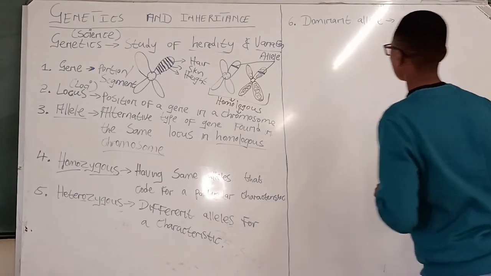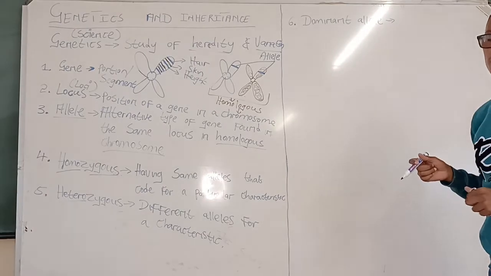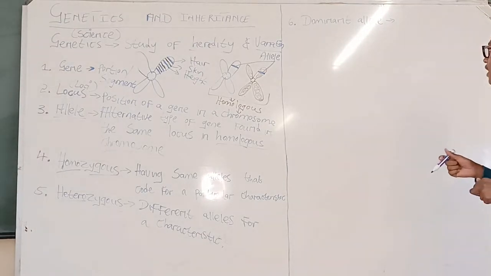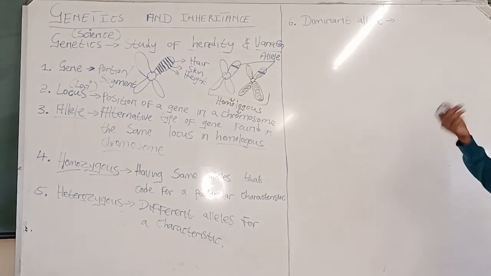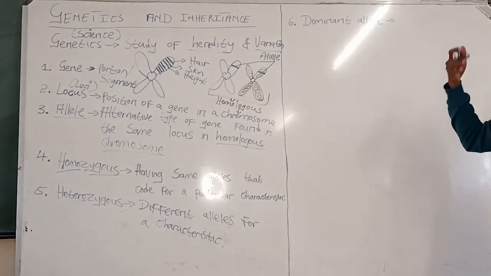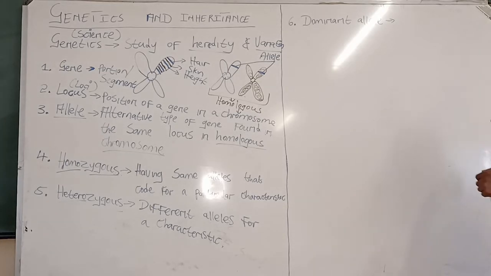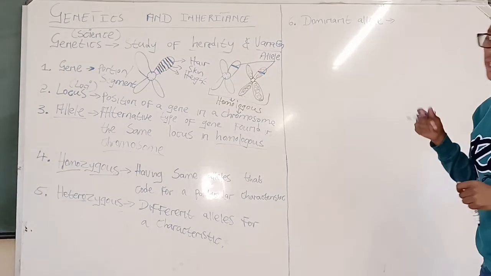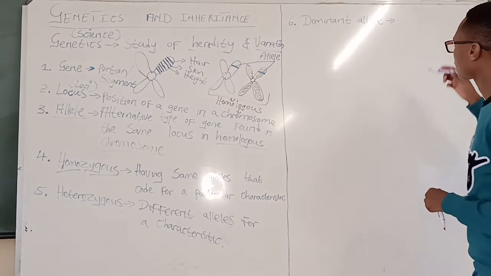So a dominant allele is a type of allele that is going to be expressed physically when it is in a homozygous or a heterozygous condition.